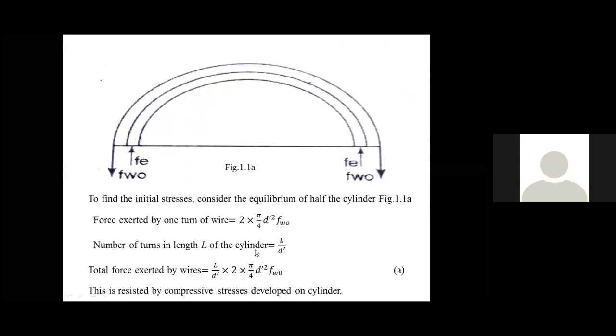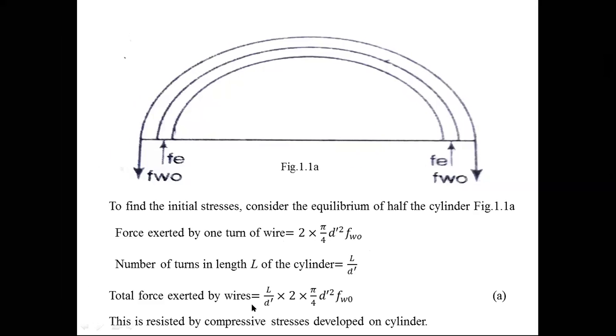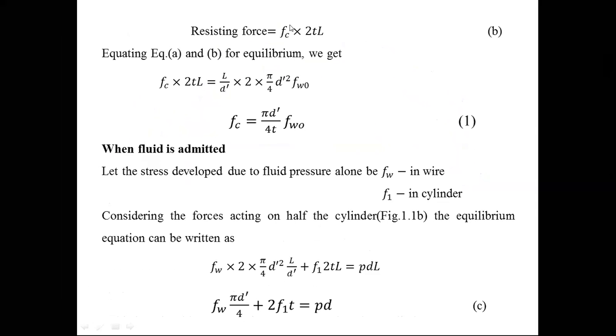So total force exerted by the wire is equal to this force exerted by one turn into number of turns. So this is the equation A. So this is resisted by compressive force developed, which is resisting force, will be Fc into that area t into L, and total 2 times.